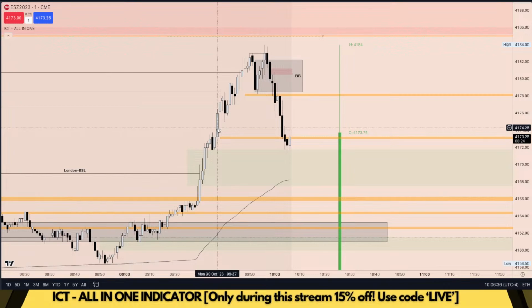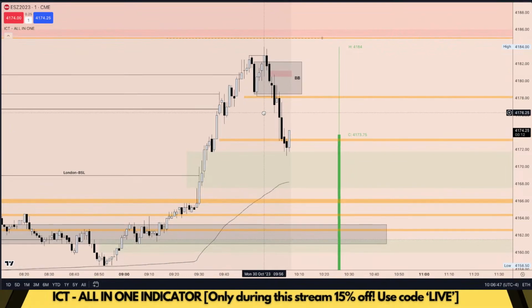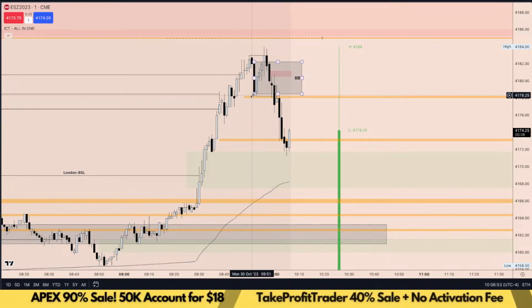If we see this placement down, would an entry here be considered low probability? I think the low probability would be based on your target. The entry is always the same. The target is different. Sometimes we get the setup, but yeah.